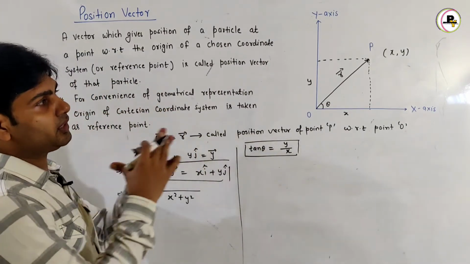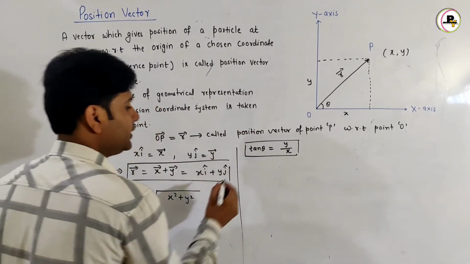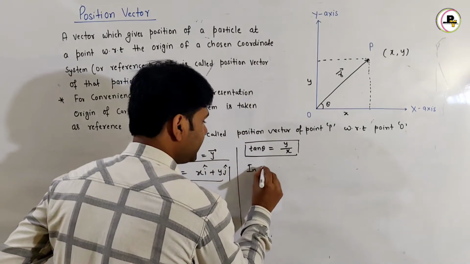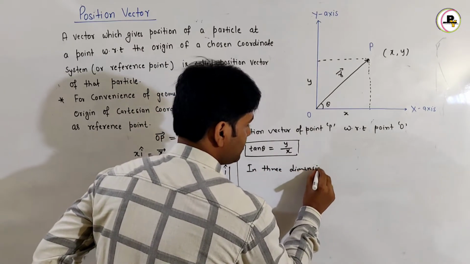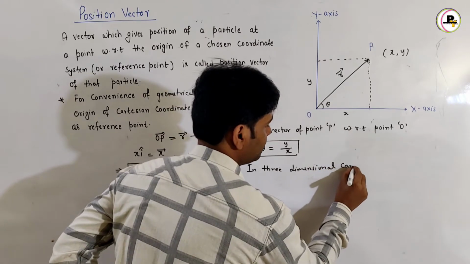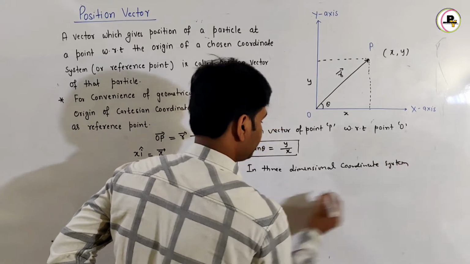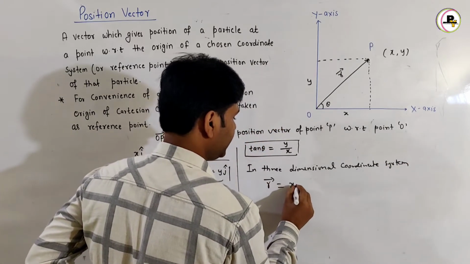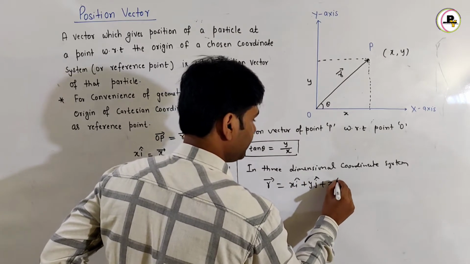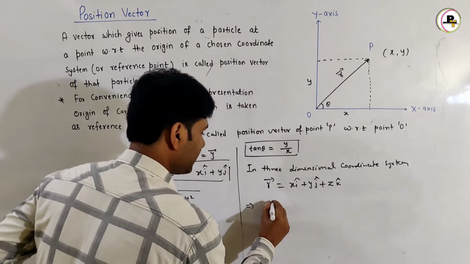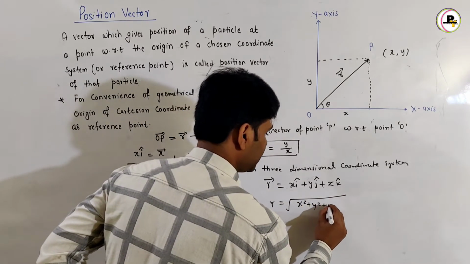Now if this point P is to be represented in a three-dimensional coordinate system, then I can write r vector equals x i cap plus y j cap plus z k cap, and its magnitude is given by r equals square root of x square plus y square plus z square.